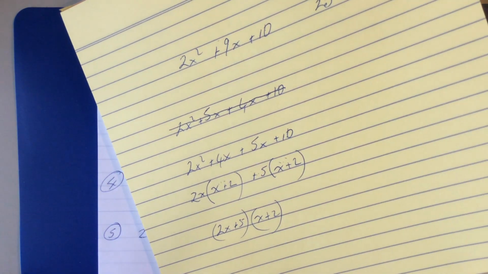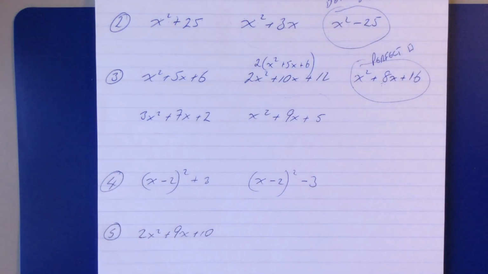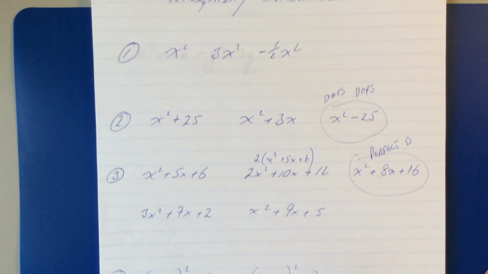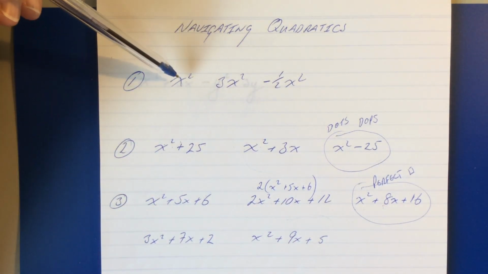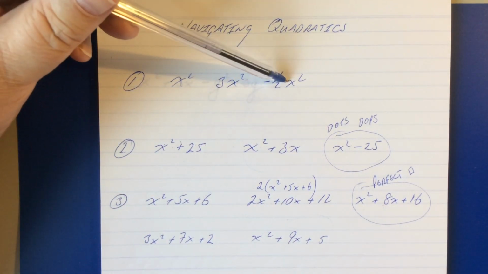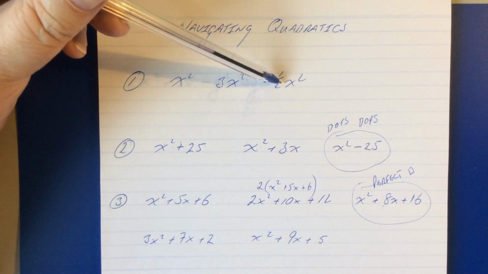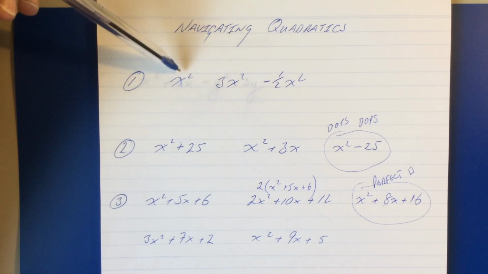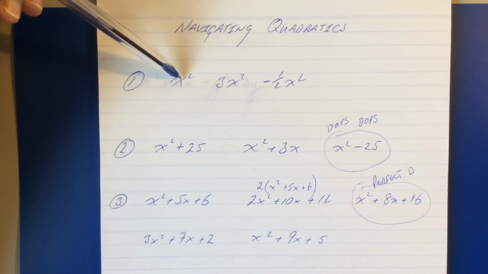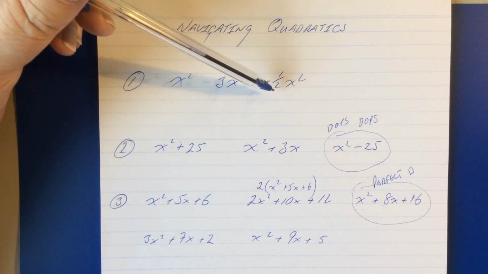Now, what I want to do is just go back to our original piece of paper and run through this quickly. Okay, so this, and this are all single-term quadratics. They're centered on the origin. The y-axis is their axis of symmetry.